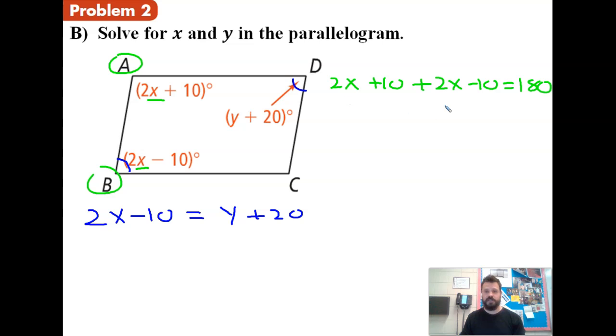We've got a 2x and a 2x, which is a 4x. And then the positive 10 and negative 10 will cancel out here. So we have 4x equals 180. And then solving that, I'll divide both sides by 4 to end up with x is equal to 45.